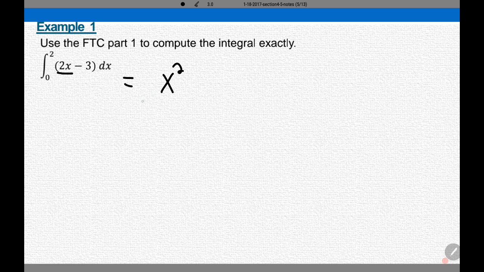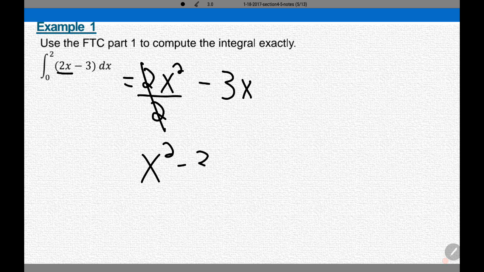And then I've got to be over 2 because I had a 2 out front. You can see that cancels out, and I'm just left with x squared. And then 3 has an x to the 0, so 0 plus 1 is 1, and it's over 1. So my antiderivative is x squared minus 3x, and I'm going from 0 to 2.